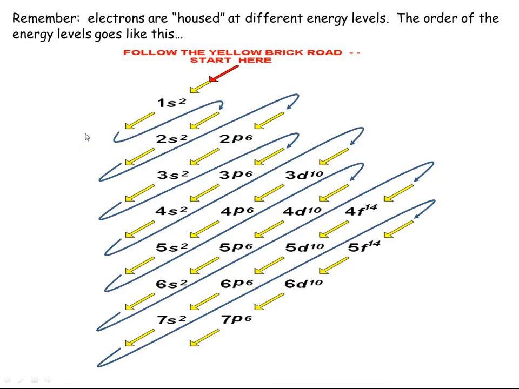Now, remember, the electrons are housed at different energy levels. The order of the energy levels goes like this. And if you have this little triangle, you can write an electron configuration table for any element you want. Here is the pattern. Remember, if you look straight across, that's your shell.